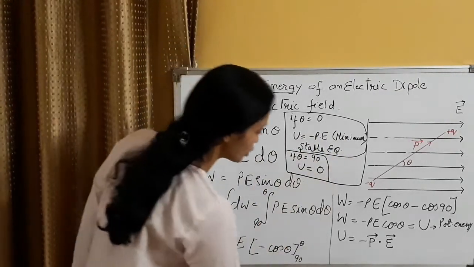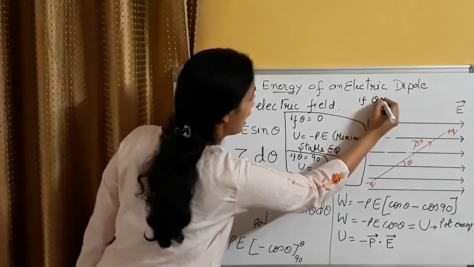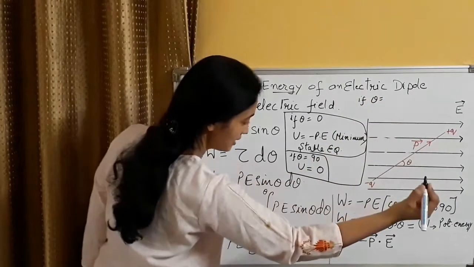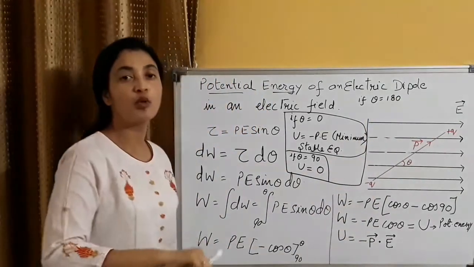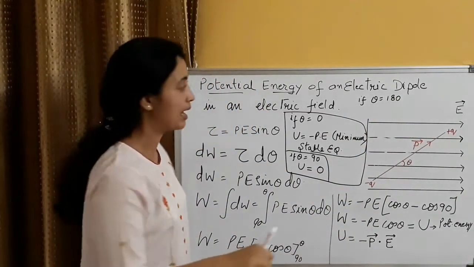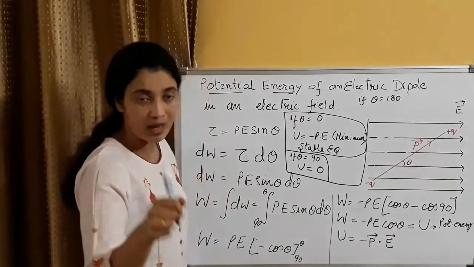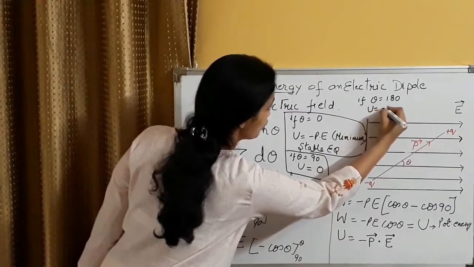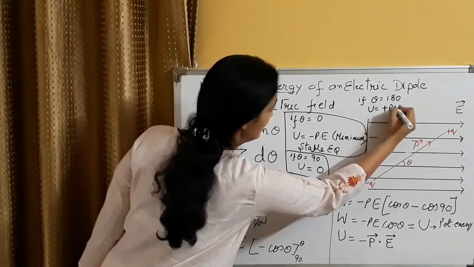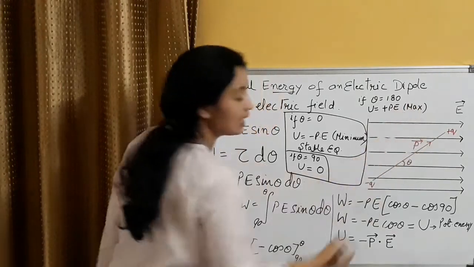Now the third situation: if theta is equal to 180, the dipole moment and electric field are anti-parallel. Then PE cos 180 is minus 1, minus minus becomes plus, so potential energy comes out to be plus PE, and this is the maximum potential energy.